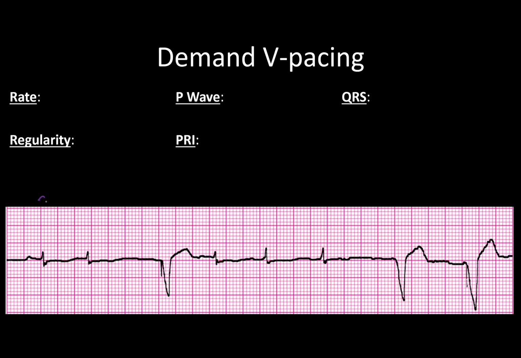Demand pacing. This is a 6-second strip. You can already tell that it's quite irregular. You've got some paced beats, some that are not. Overall, we've got a rate of 8 times 10, so that gives us 80.